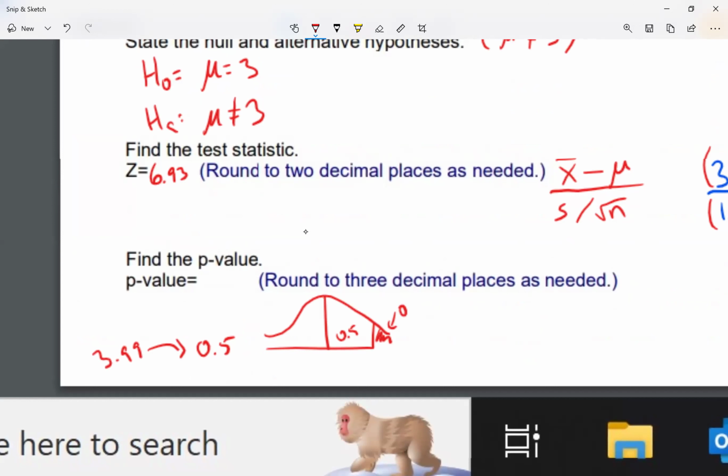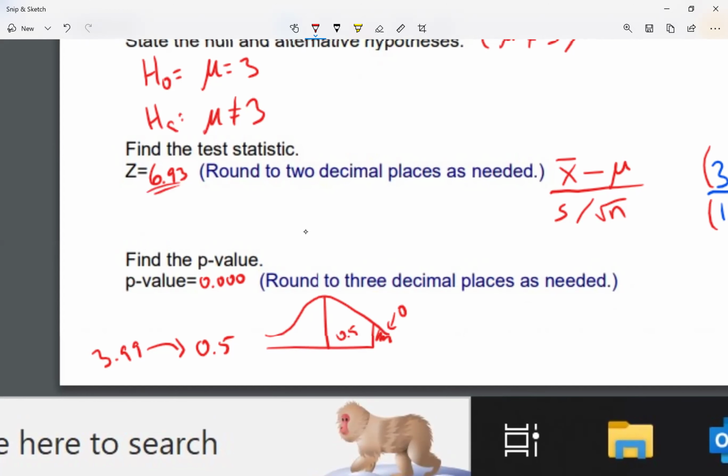Well, anything after 3.99 is 0. The shaded area is 0. So guess what? For 6.93, it's still 0. Here it says rounded to 3 decimal places. So fine, I'm going to use 3 decimal places. 0.000. When my z-score is too big, I'm just going to say 0.000.